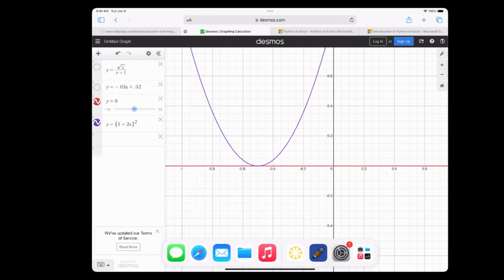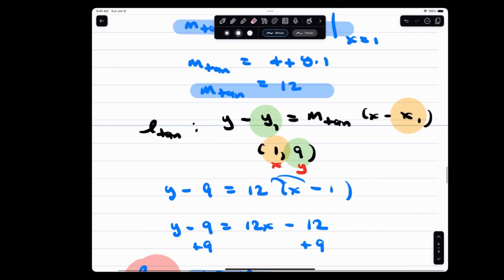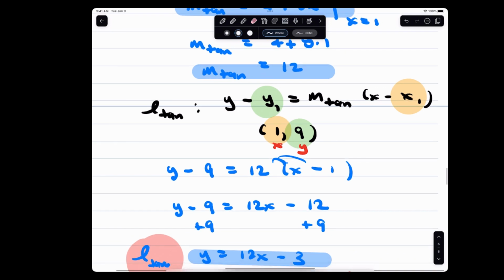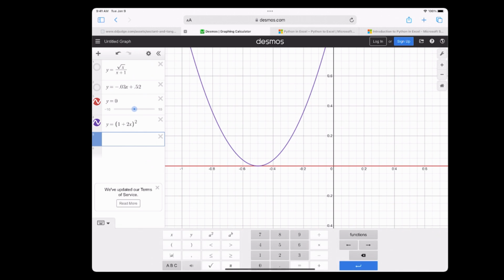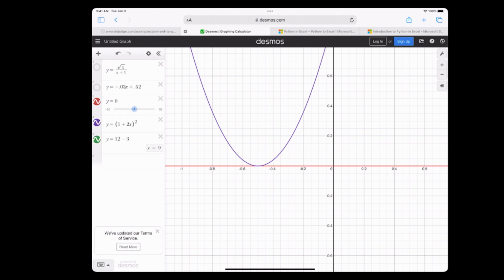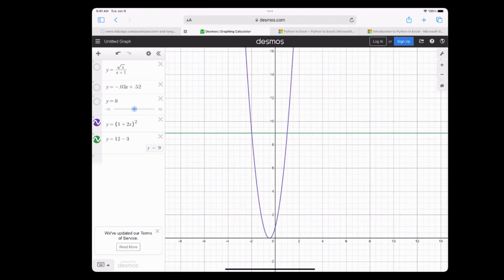Now, what was the equation of the line here for the original? 12x minus 3 happens at 1, 9, right? So 12x minus 3, if I go to decimals for that, I think I need the x is 9.